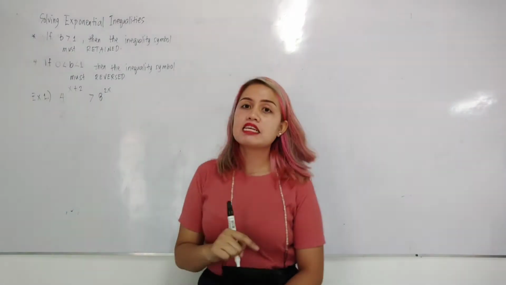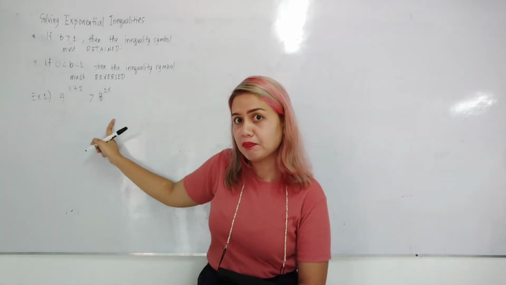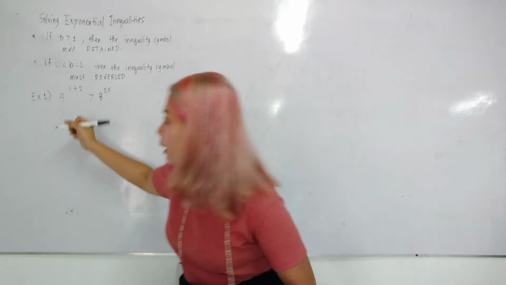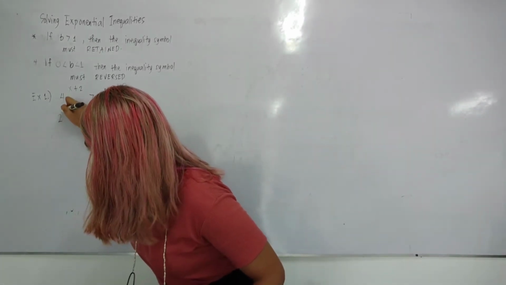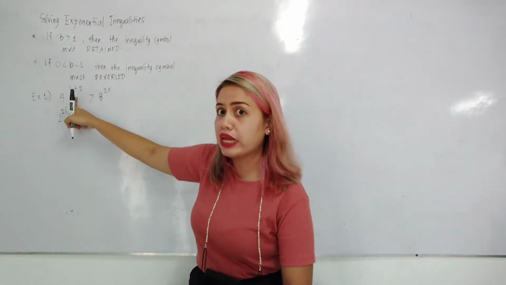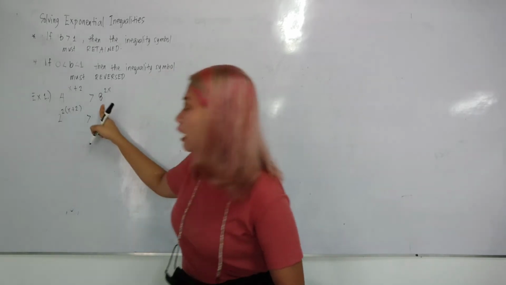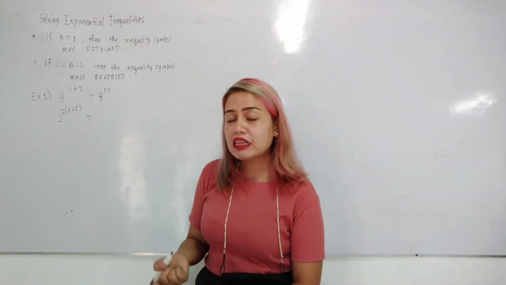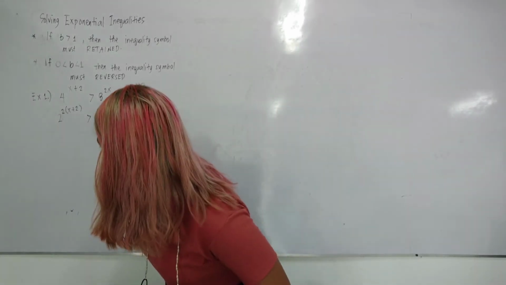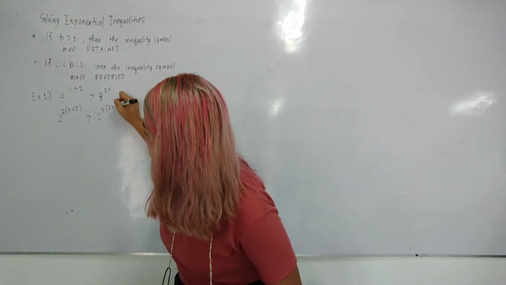What do you think is our common base, given that the bases here are 4 and 8? Yes, you can rewrite 4 as 2 squared, multiplied with the exponent x plus 2, greater than 8, whose equivalent exponential form is 2 to the power of 3 times 2x.